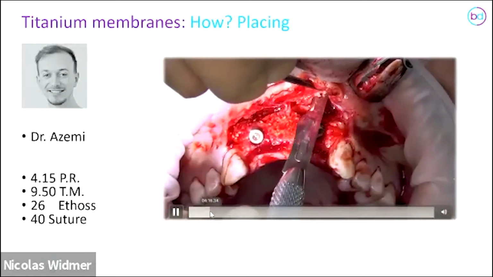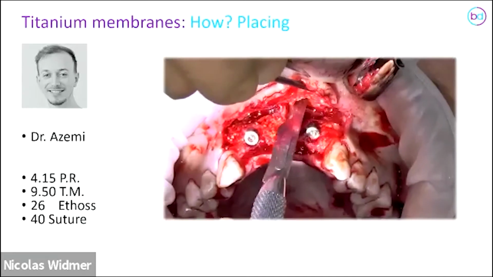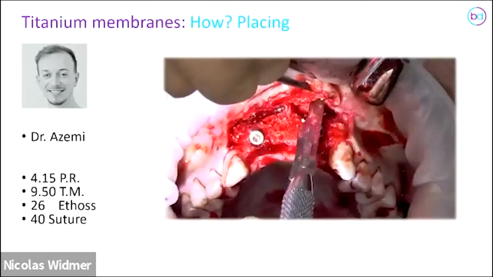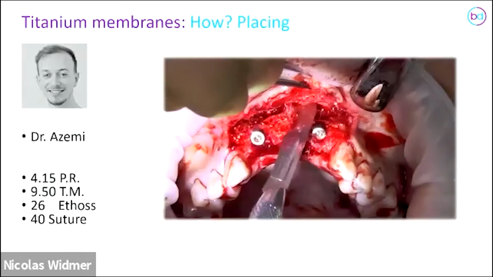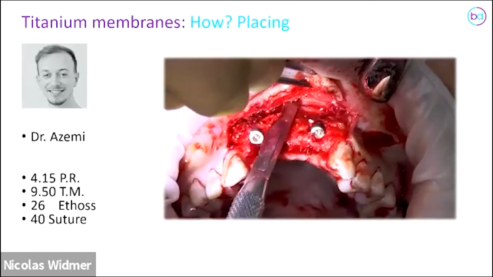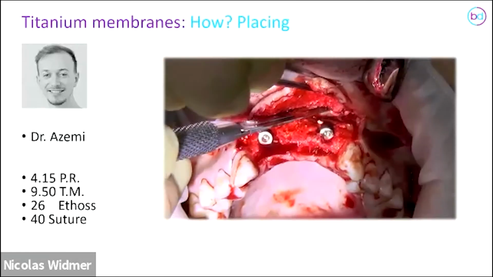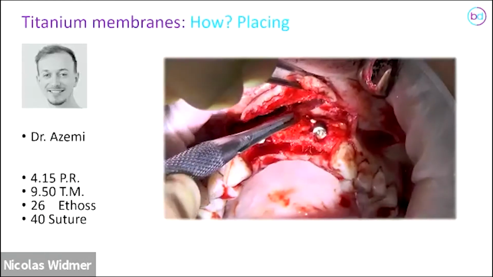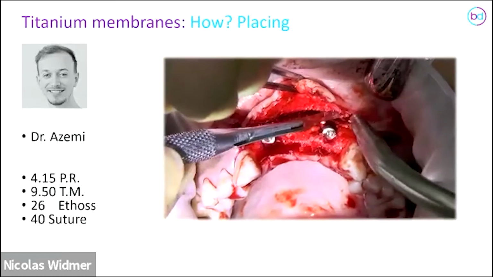You can see it's important to do the periosteum releasing very early. You should even do it before placing the implants. Because when you do it just before or after placing the EthOss, you risk bleeding, and this can be a problem, as the EthOss is not hardening as it should.